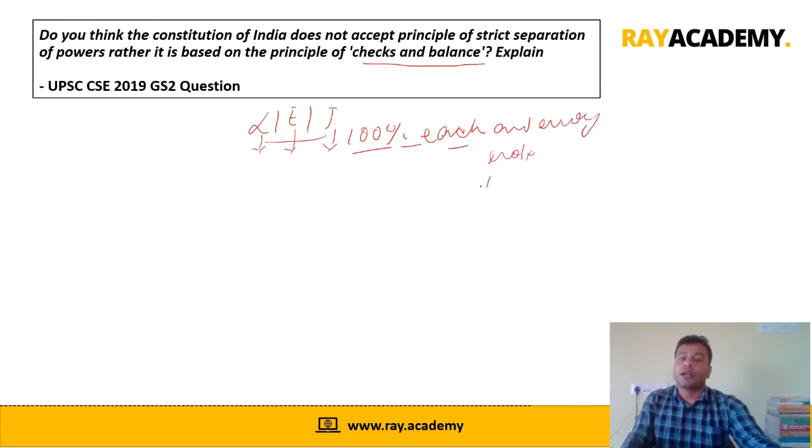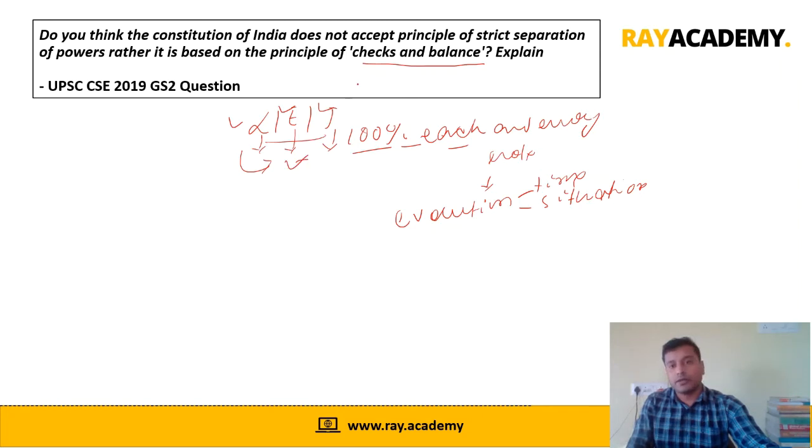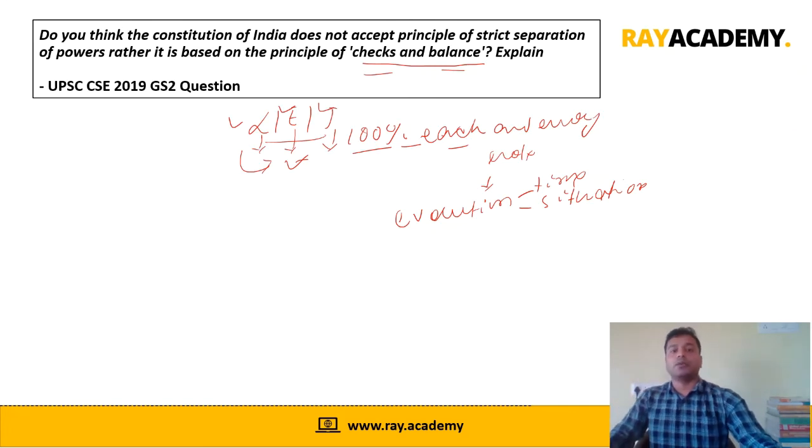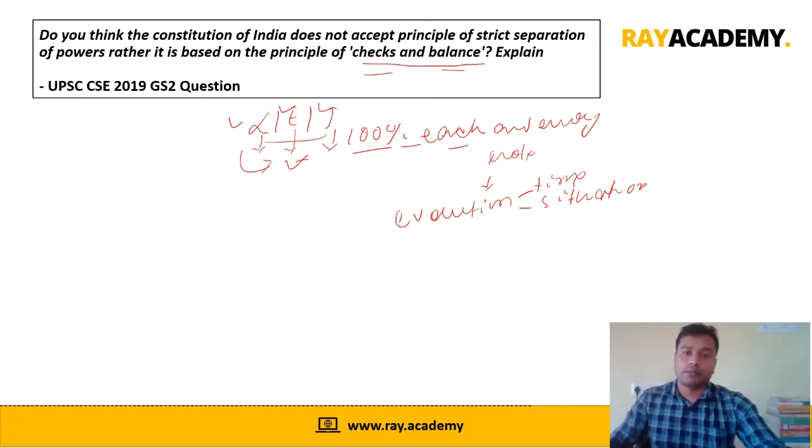Why? Because roles are always subject to evolution according to time and situation. So it is expected that they will sense that change and will not enter into the domain of the other. That is called checks and balance.